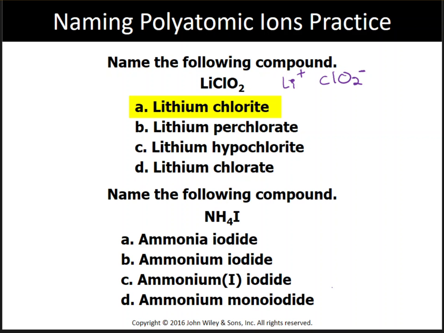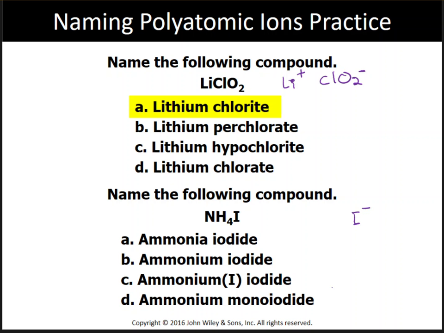Let's look at another example. NH4I. So the charge of ammonium ion is positive 1. Let's say I don't remember that it's positive 1. I can still figure it out. Iodide, group 7A, is always negative 1.